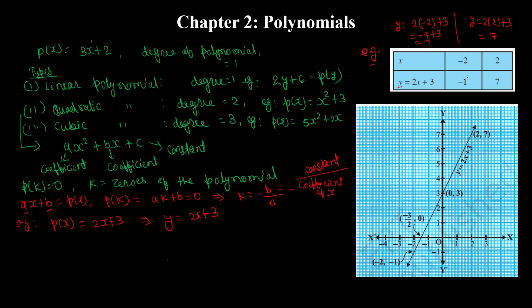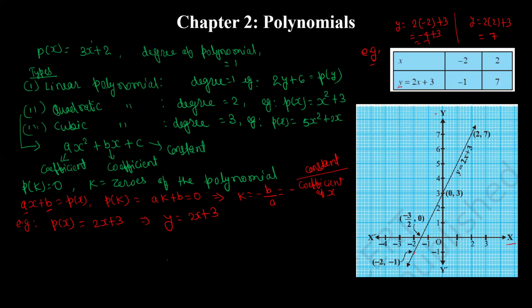So here we got 2 points. One is the coordinates minus 2 comma minus 1, another is 2 comma 7. Now here in the graph we have the x-axis and y-axis, and as per the situation we are going to take the scale. Here each division is going to be equal to 1. The first point we have here is minus 2, minus 1.